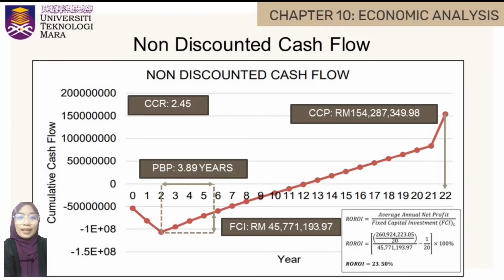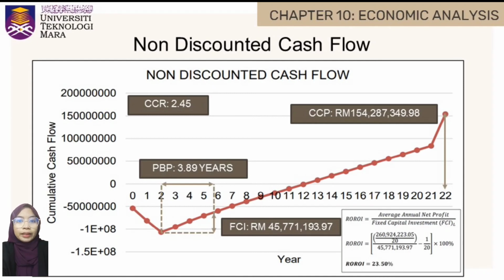So, this is the non-discounted cash flow that has been constructed based on the values shown in the previous table. Based on this diagram, the payback period, which is the time required after the plant starts up to recover the fixed capital investment for the project, is estimated at around 3.89 years. Based on the calculation, the rate of return on investment, ROI, shows that the plant will gain 23.5% in return.